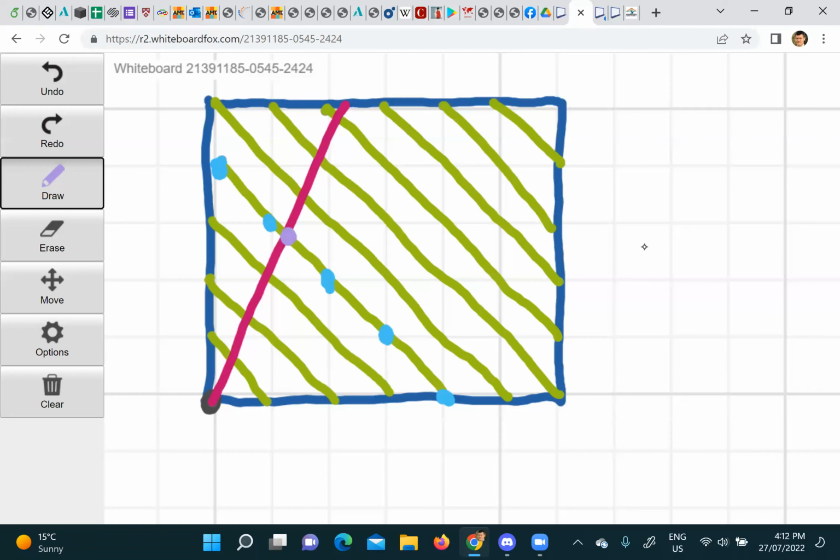The blue dots are the corners of the squares, right? You see that? And for the red line to hit that square at all, it has to go in between the 2 blue dots, right? So you can look at those blue dots, and it's obvious it can't go between the first 2 blue dots and the second 2 blue dots at the same time, right? Because it can only intersect the line once.